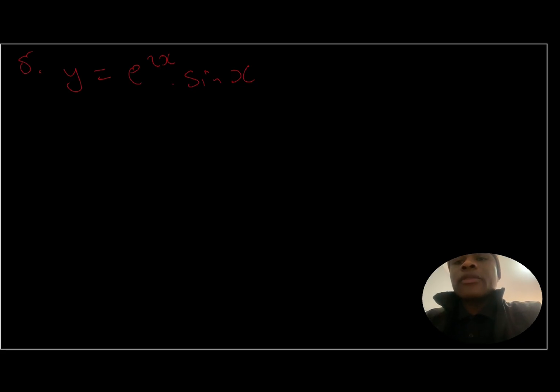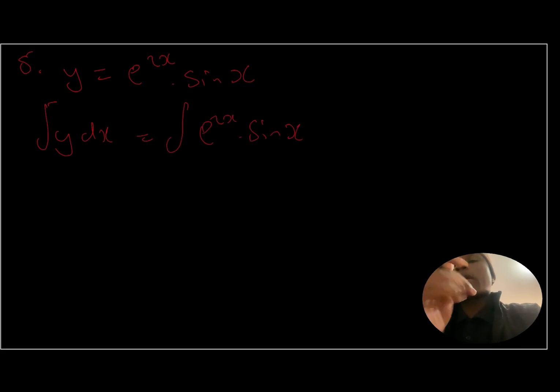We're looking for the integral of y dx. This one is also by parts, because we have a product of two terms carrying the variable x that we need to integrate.